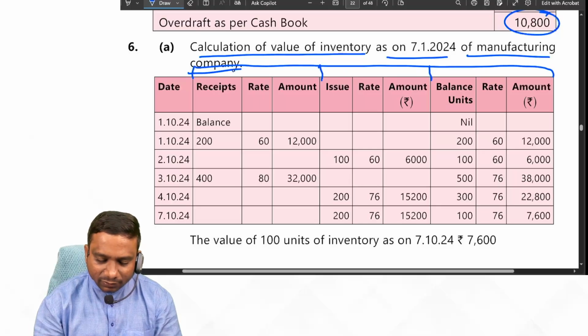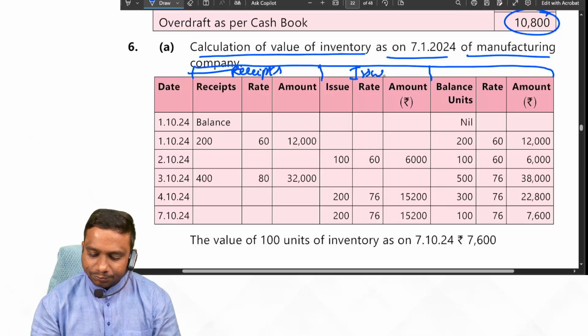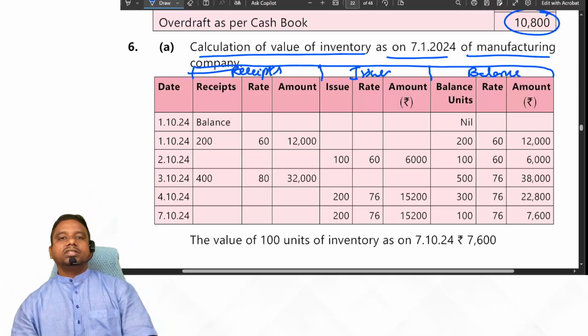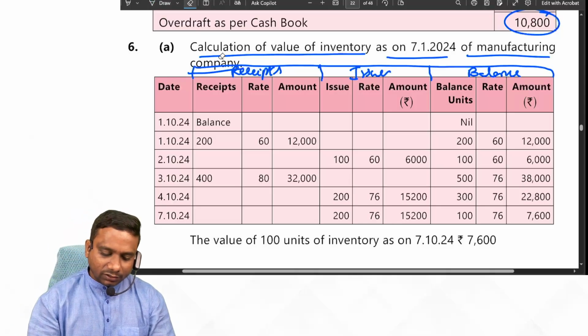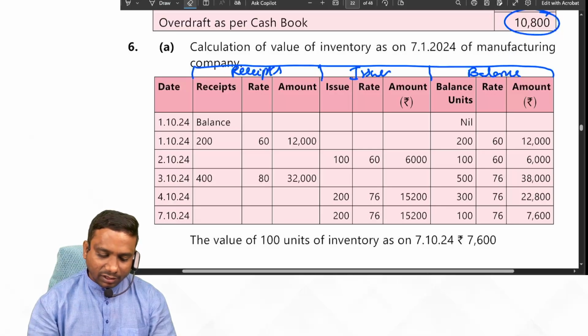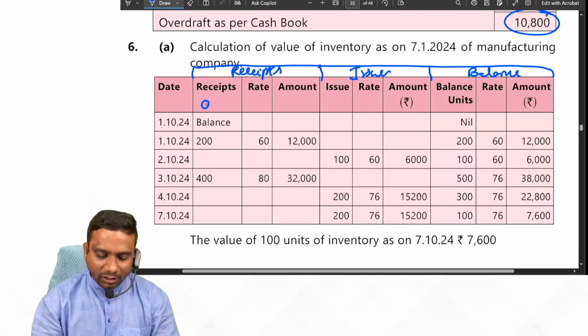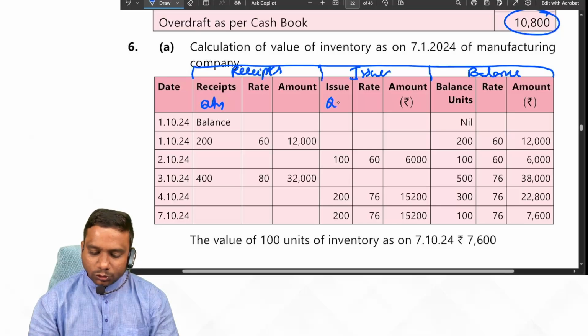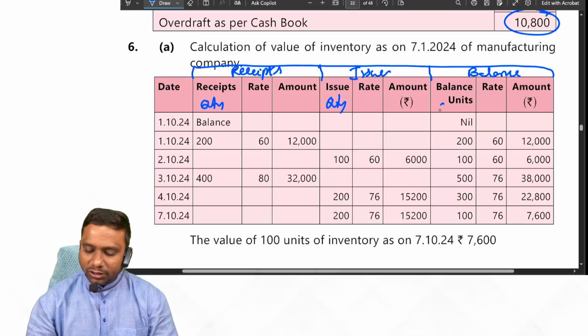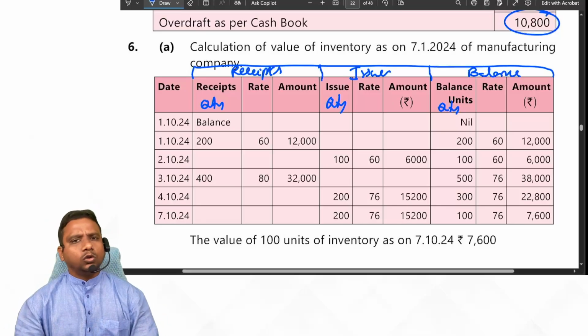Here we write receipts, issues and balance. But here they have written directly receipt, rate, amount. Normally here we write quantity, here also issue quantity, here also balance units quantity. So you may follow this format also, no problem at all.